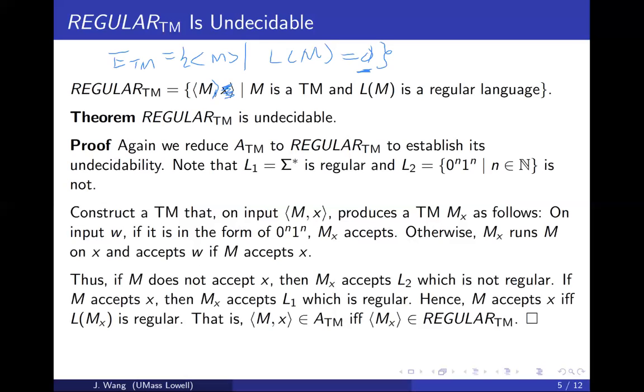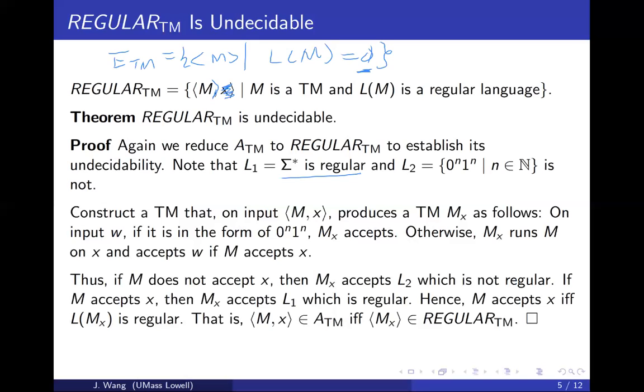So first, we know that the full set, sigma star, is regular. We call it L1, and then L2, which is the set of 0 to the n followed by 1 to the n, is not regular.